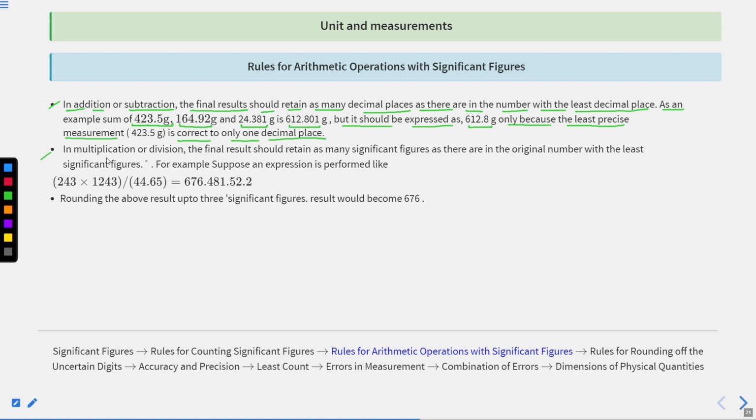Next rule is, in multiplication or division, the final result should retain as many significant figures as there are in the original number with the least significant figures. For example, suppose an expression is performed. This is the expression.